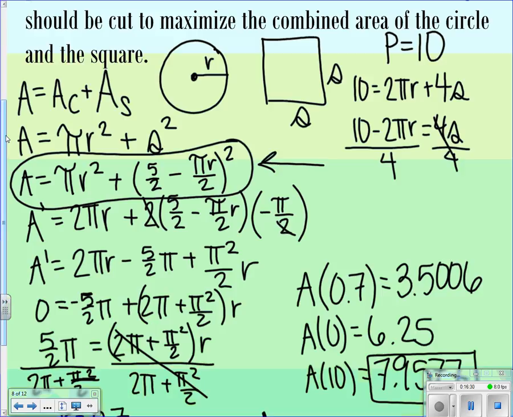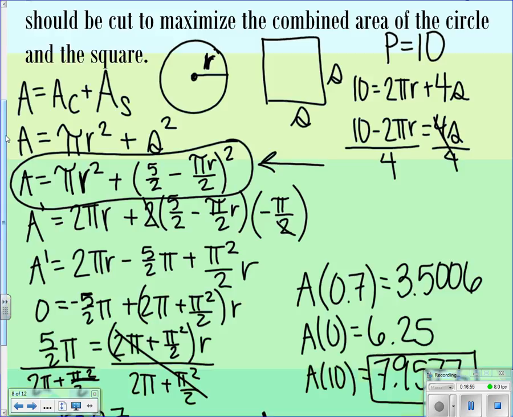Because when our R is a 10, that's when we have the biggest area. Well, our R isn't actually a 10, but the whole part of it is used to make the circle. If you have an R of a 0, that's when it's the smallest area. So that's how you would want to set that up.